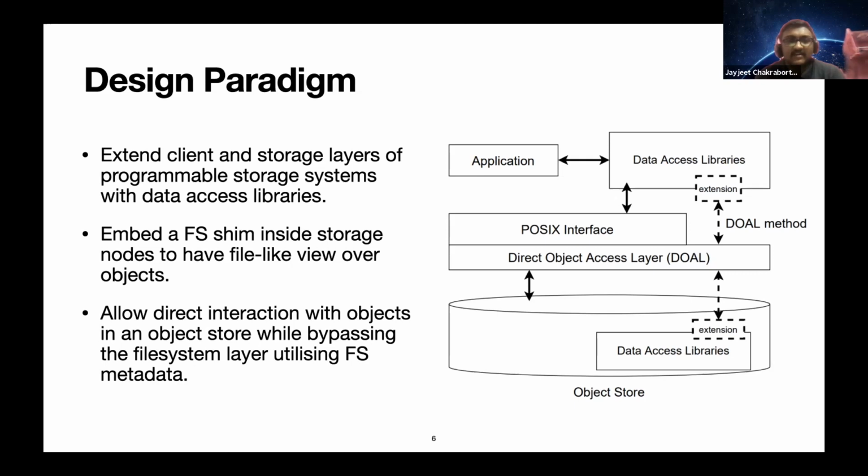We just use the metadata from it, and instead use the direct object access library that sits beneath the POSIX interface to read out the data, to basically access the data from the object store by applying the data access library functions on them.